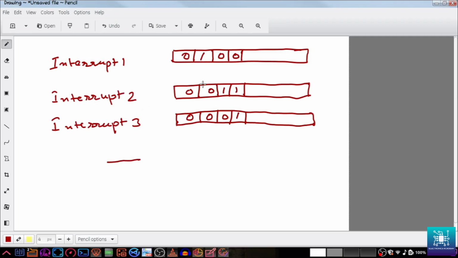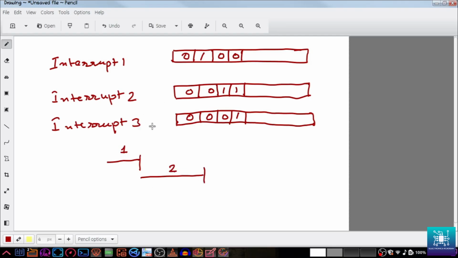Since interrupt 2 has a priority of 3 and interrupt 1 has a priority of 4, interrupt 1 is halted and preempted by interrupt 2, and interrupt 2 starts executing.